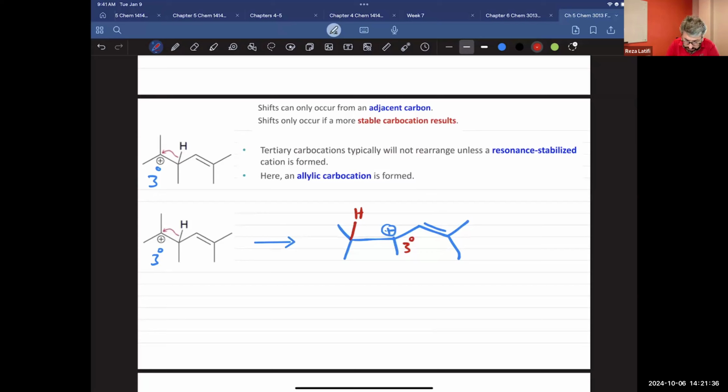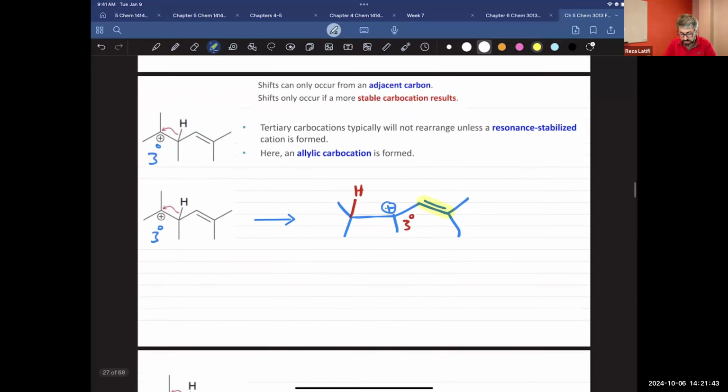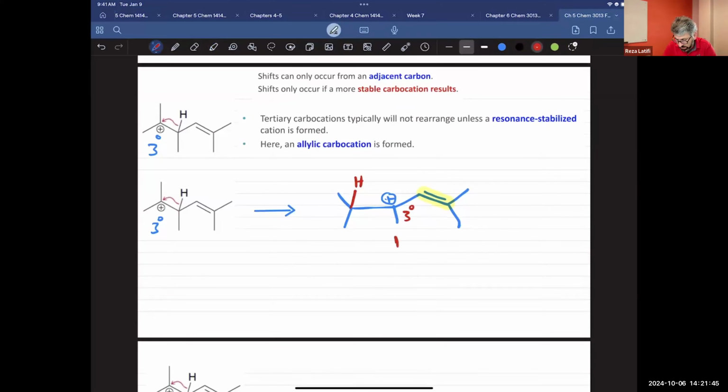If you look at it, now the positive charge is neighbor to a double bond, and because it's a neighbor, it can get involved in resonance structures. So it can give you this resonance structure. Let me try to draw it as a zigzag.